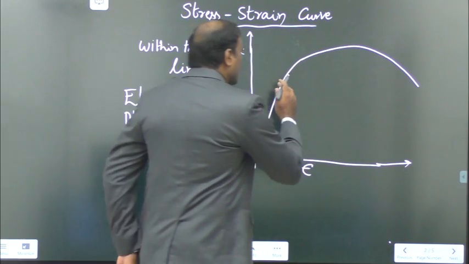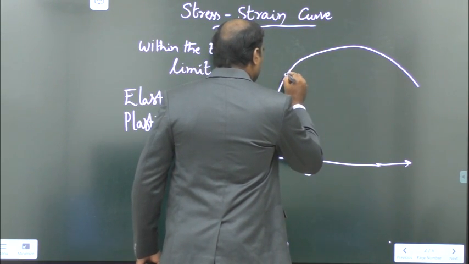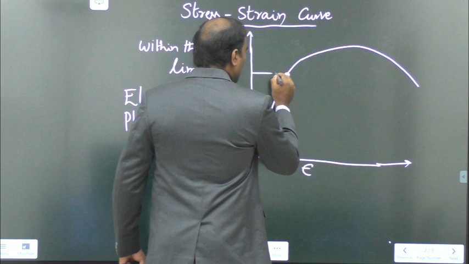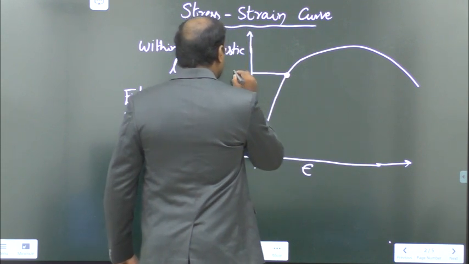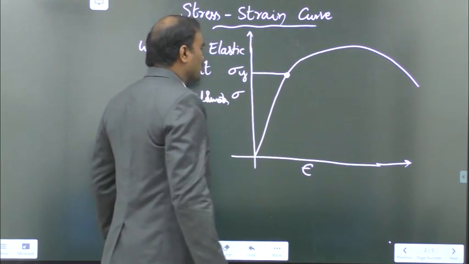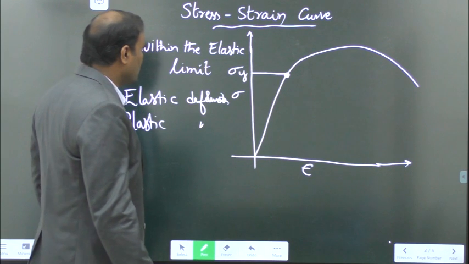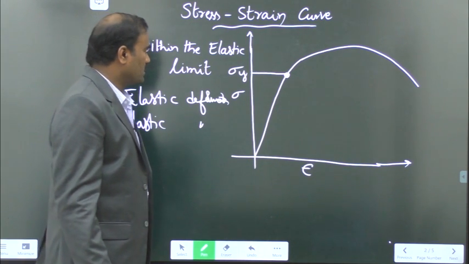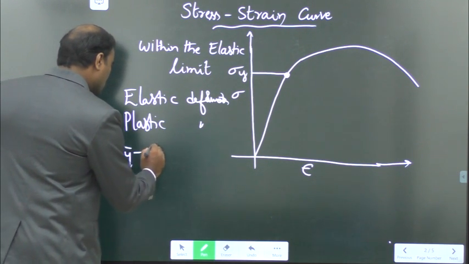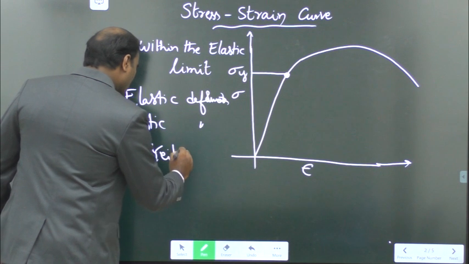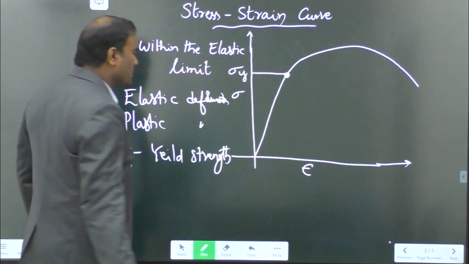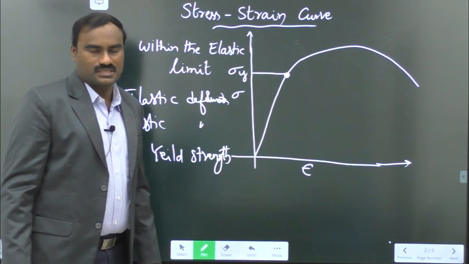The point at which the material changes from elastic deformation to plastic deformation is called the yield strength of that particular material. Sigma y is nothing but yield strength.